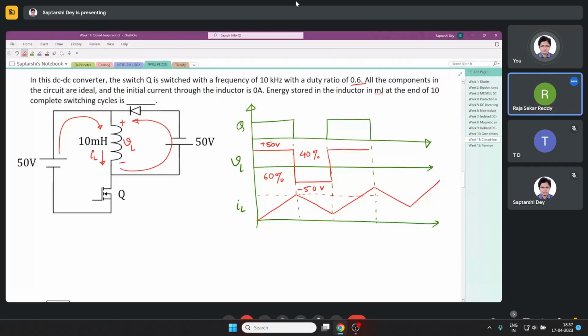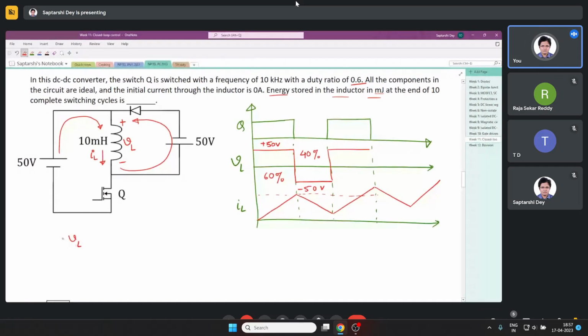Now let us solve the question first. We have been asked to find out the energy stored in the inductor in millijoules at the end of 10 complete cycles. So if you find the average VL over a complete switching cycle, how much is that?